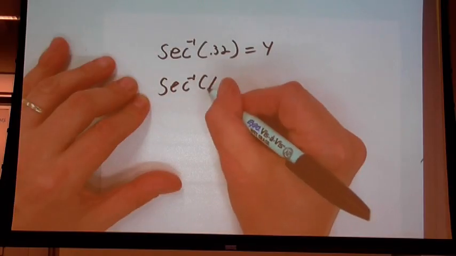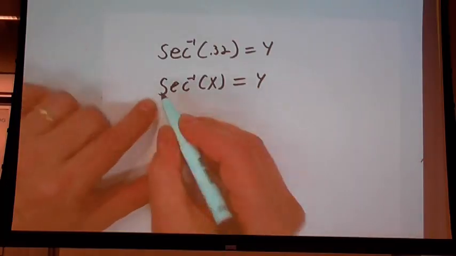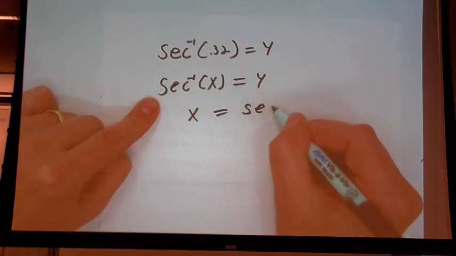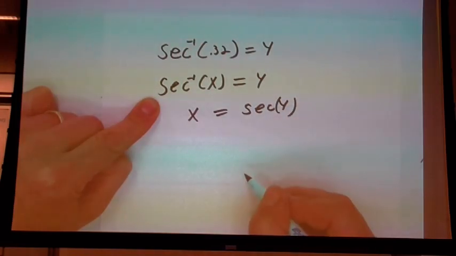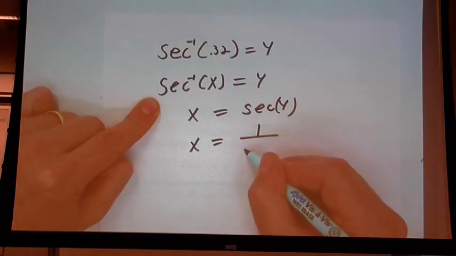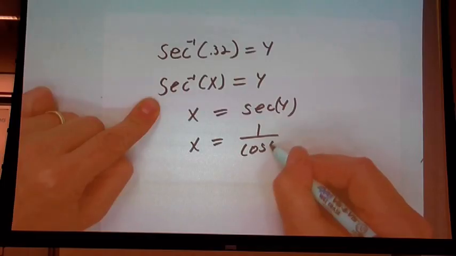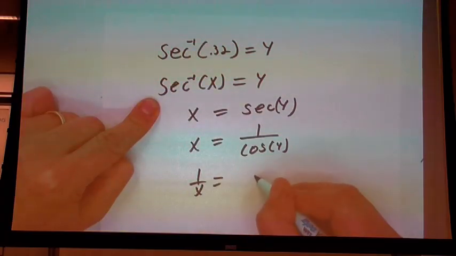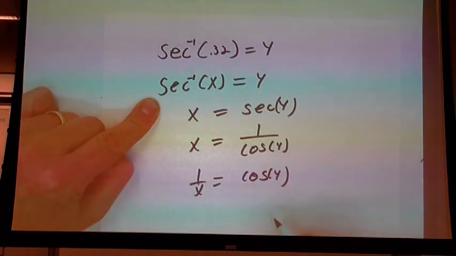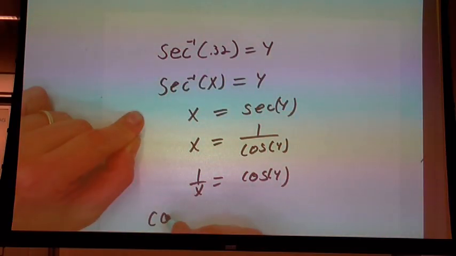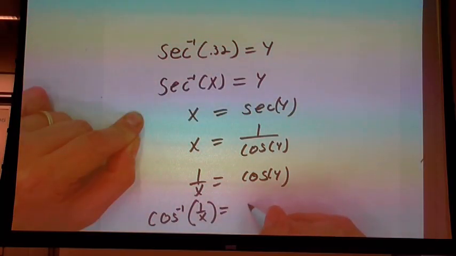Secant inverse of x is y. I find the secant of both sides, and I get x equals secant of y. I rewrite secant of y as 1 over cosine of y, or 1 over x equals cosine of y. And now I find the inverse cosine of both sides, and I find that inverse cosine of 1 over x is y.